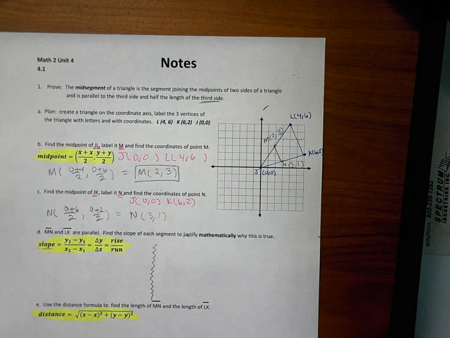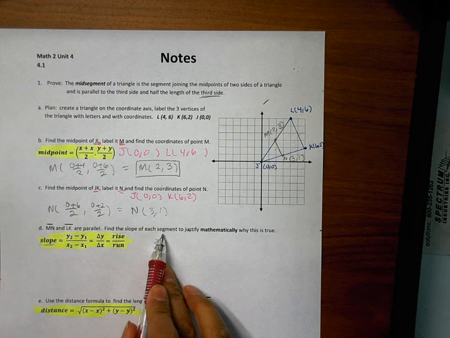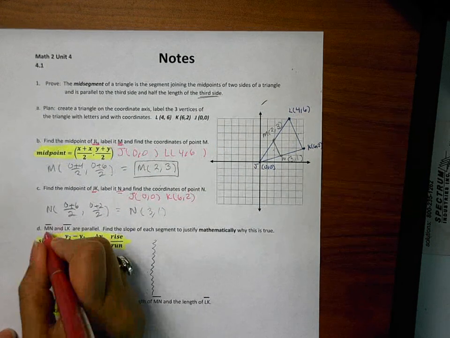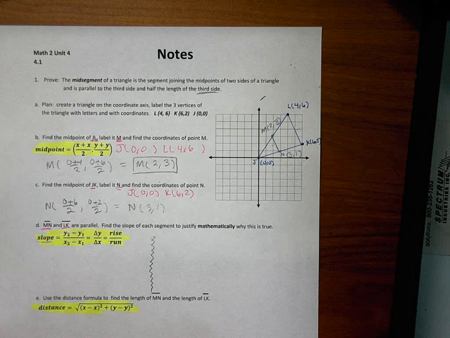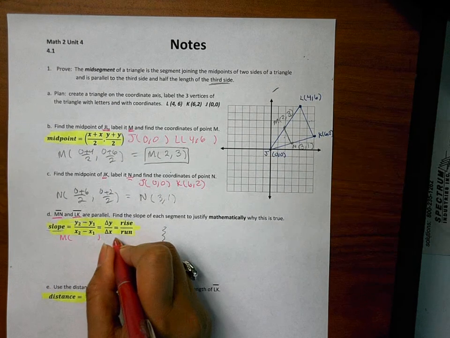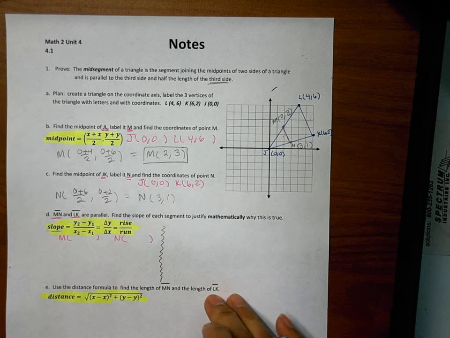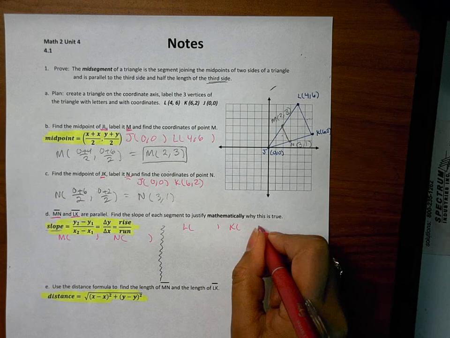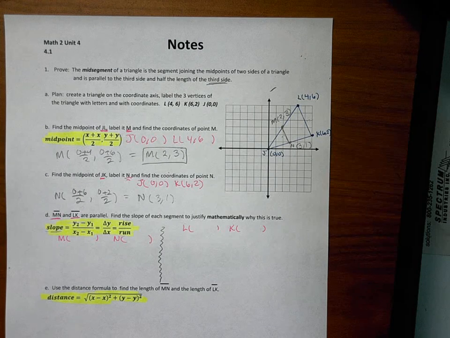I'm going to break this little piece in half, and again, when you're taking the test, that's exactly how I want you to do it. Find the slope of each segment to justify mathematically why this is true. So we're going to find the slope of MN and LK. So on this side, I'm going to do the MN. Here's the M, here's the N, and on this side, I'm going to do the LK.